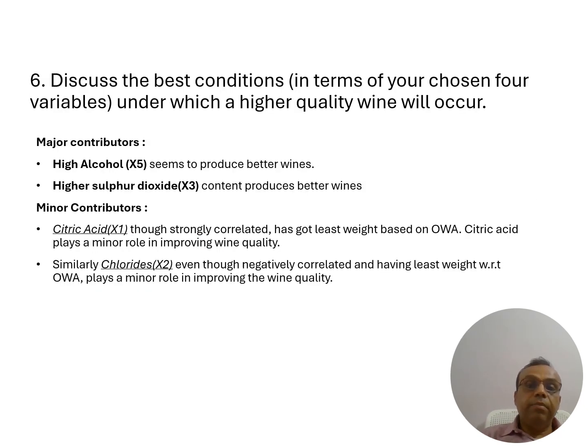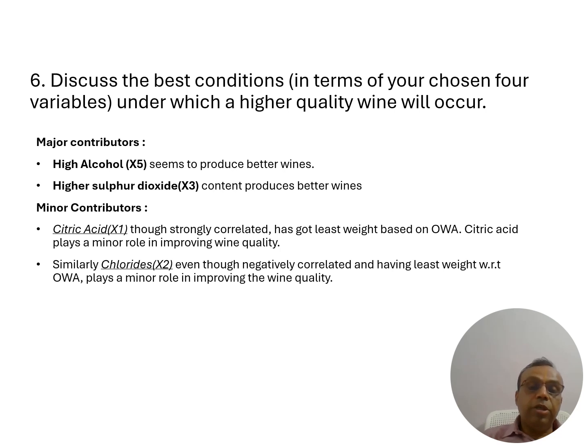So, in case I have to suggest to somebody what are the best conditions in which a higher quality of wine will occur, based on the experience of looking at this data and the models, I would say that higher alcohol percentage will produce better wines. Higher sulfur dioxide content also will play an important role in preparation of wines.